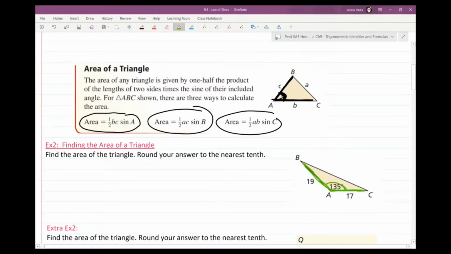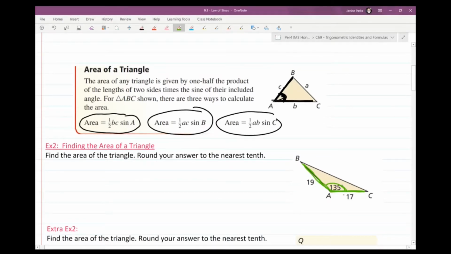It doesn't even really matter what the names of those sides are, whether it's A, B, C, D, E, F, whatever the names of the triangle are. As long as you know that you have 2 sides and the angle in between, you can use this formula.